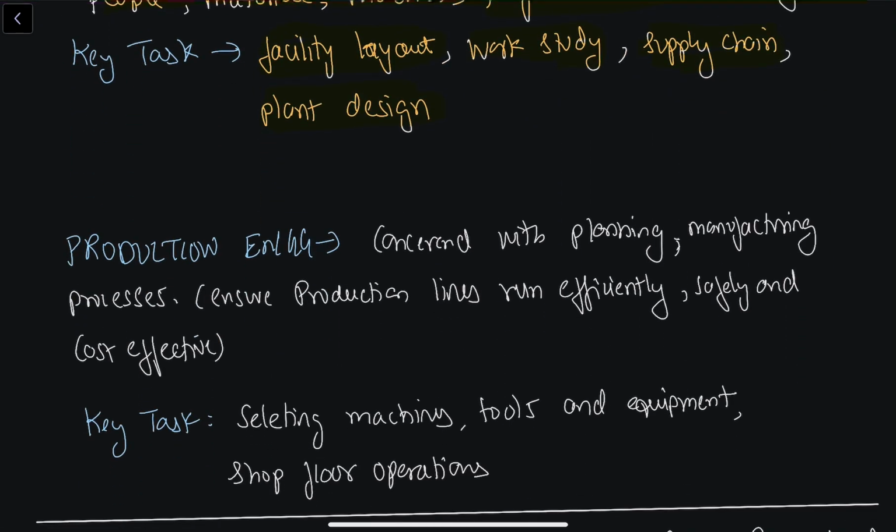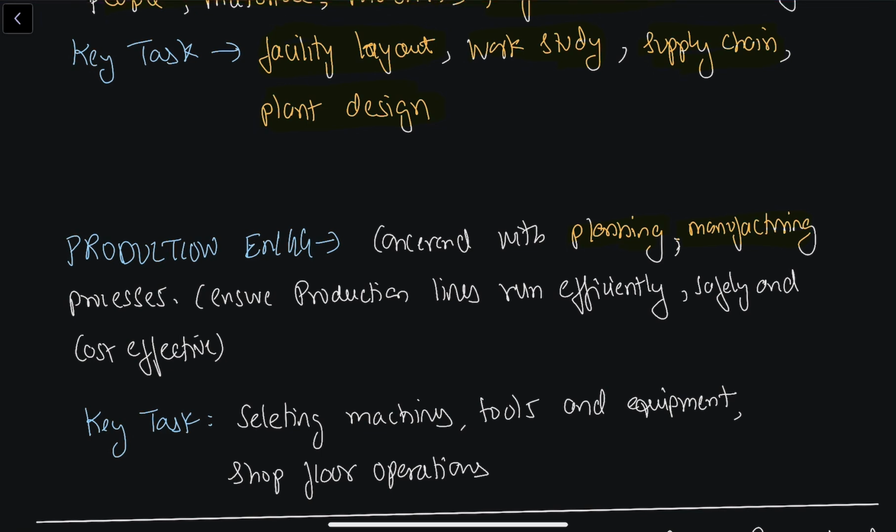So the production engineer will do planning. There is a planning engineer who will plan how and at what time all the material will come, and then he will do the manufacturing part. He will know that any material to be manufactured has to go through many manufacturing processes, such as milling.